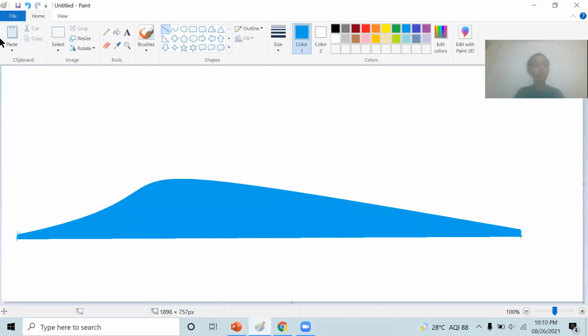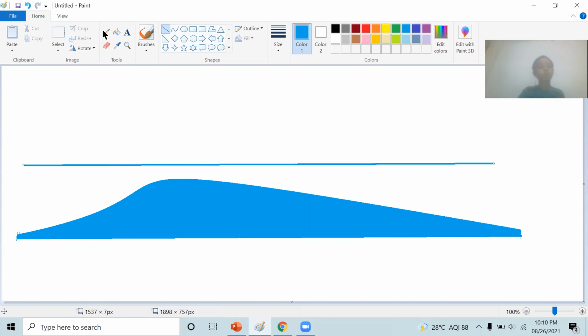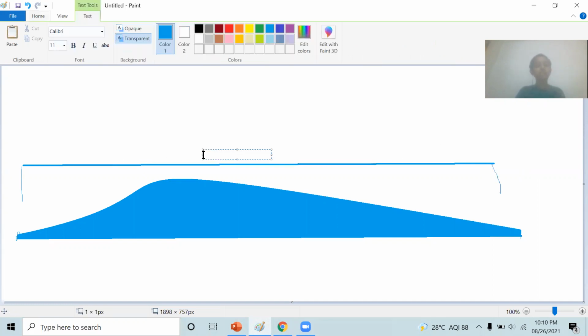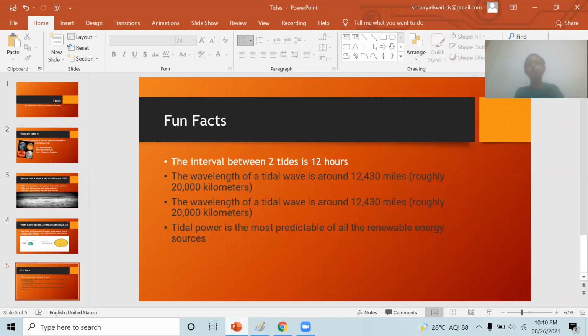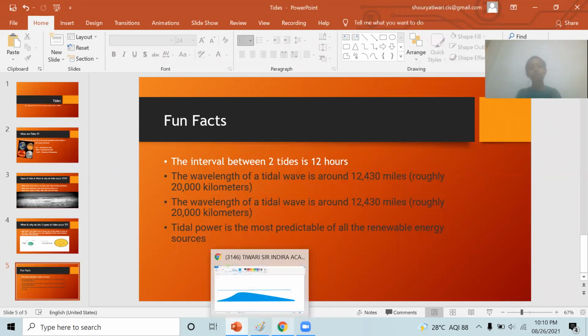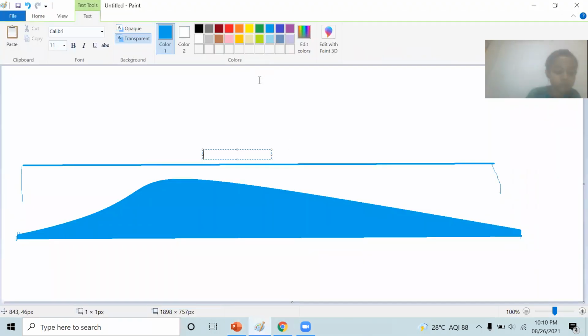I meant that this whole thing, from this end to this end, its length is 12,430 miles, or 20,000 kilometers. So that is what I meant by this fun fact.